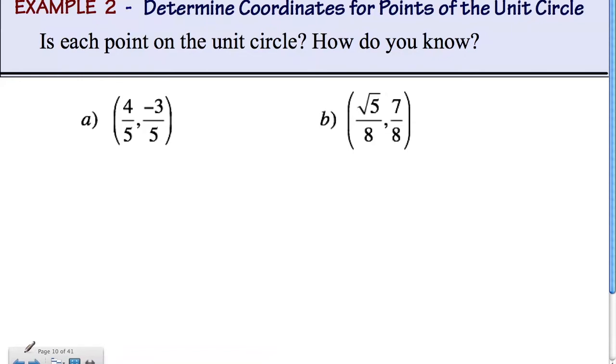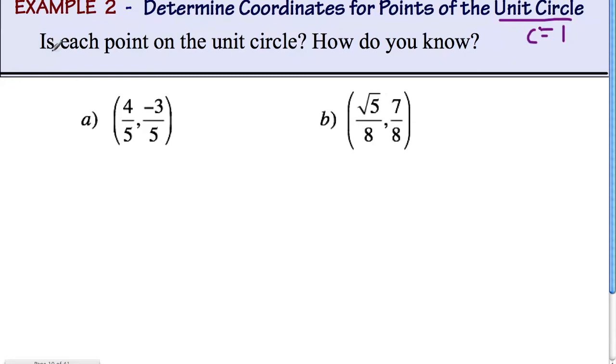Now, when we have to determine coordinate points of a unit circle, we have to remember that unit circle means the radius, or the hypotenuse, or sometimes you can say the c squared in this case, the c side, has to equal 1.